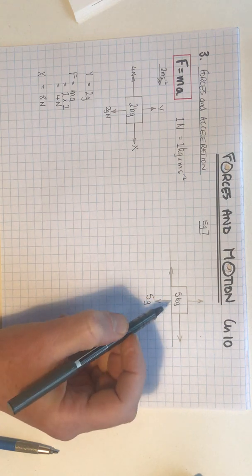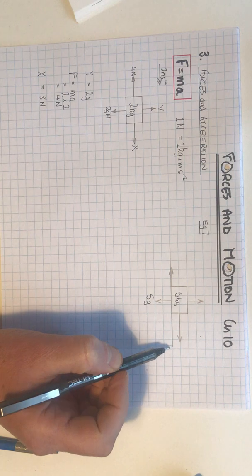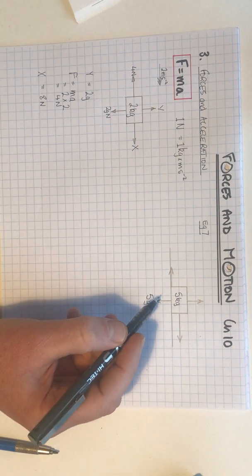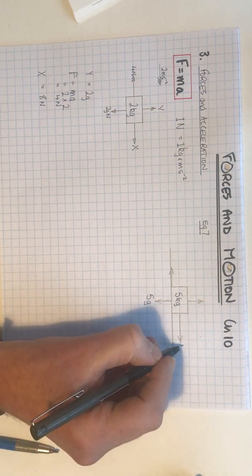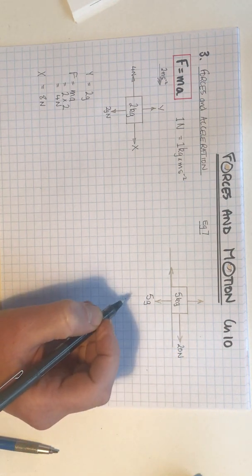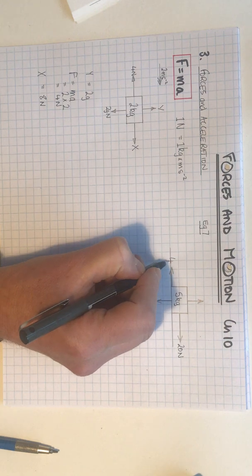It's pulled along a rough horizontal table. A rough table has friction, so we're going to have a frictional force moving backwards. It's pulled along by a horizontal force of magnitude 20 newtons against a constant friction force of magnitude 4.